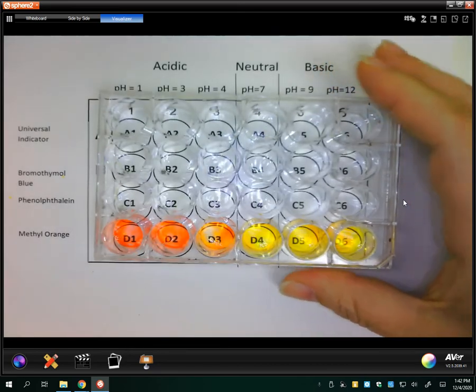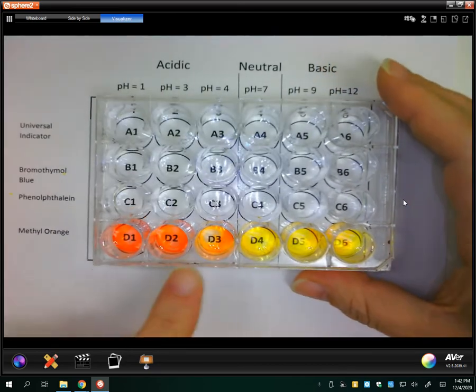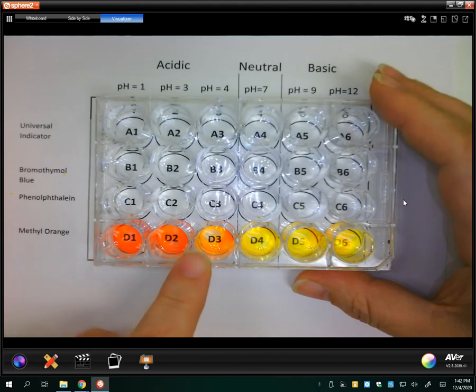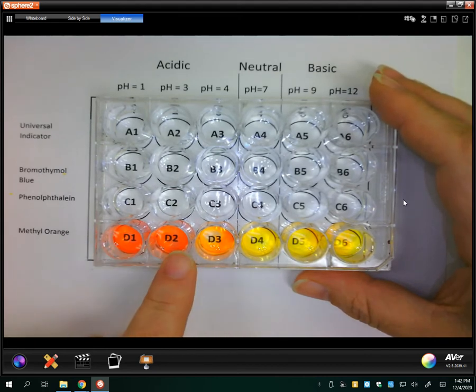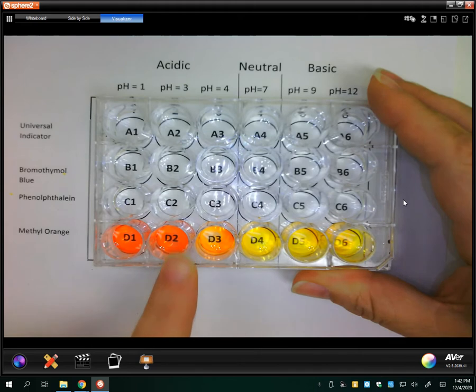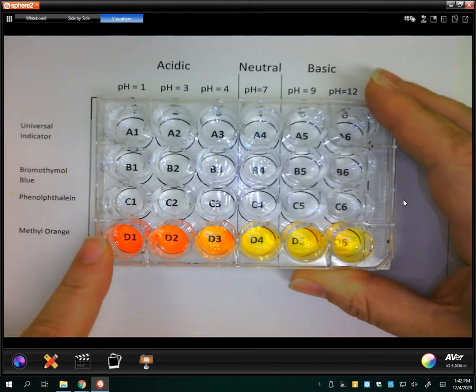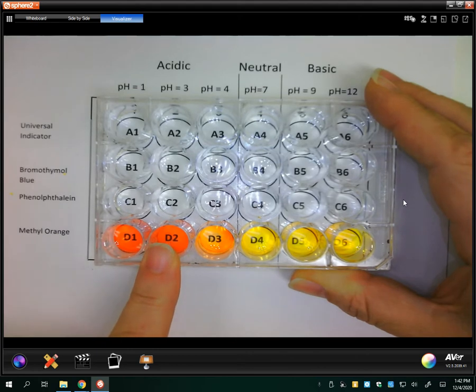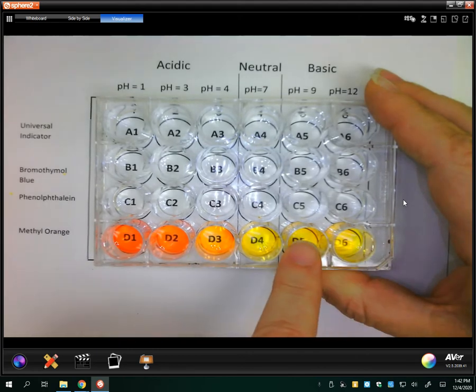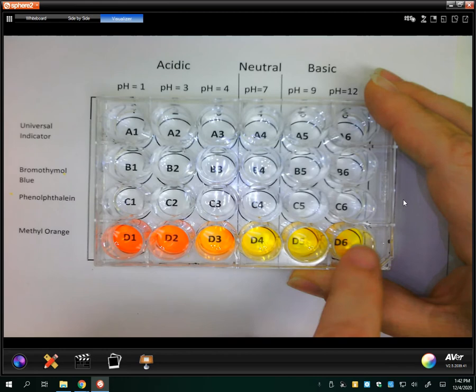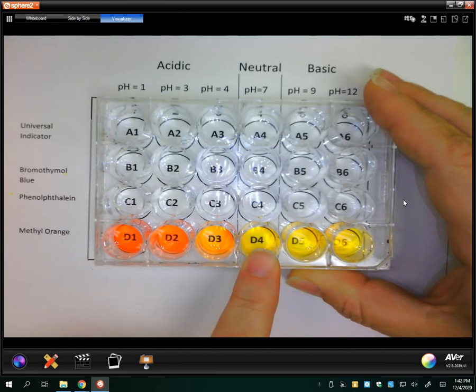We'll move that around so it gets to be 1. Methyl orange is a really good indicator for those low pH levels. It's going to allow me to distinguish different types of acids, whether it's a pH of 4, a pH of 1, or a pH of 3. It's terrible for bases, though, because these 2 basic solutions look the same as a neutral solution.